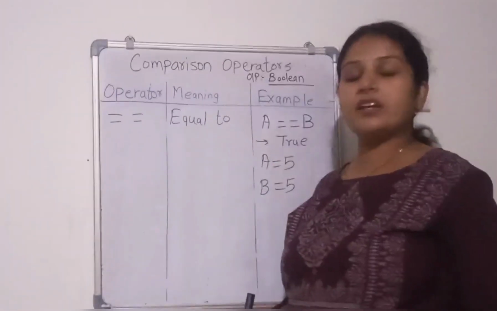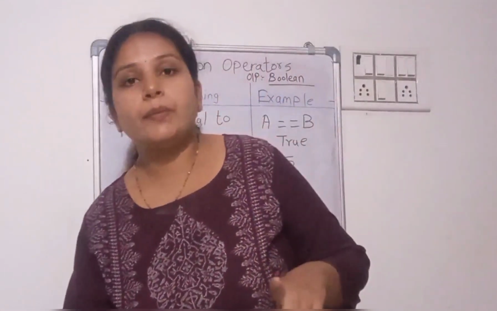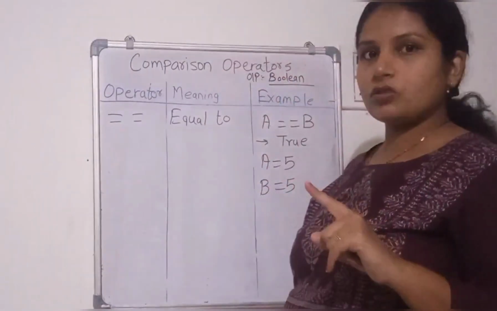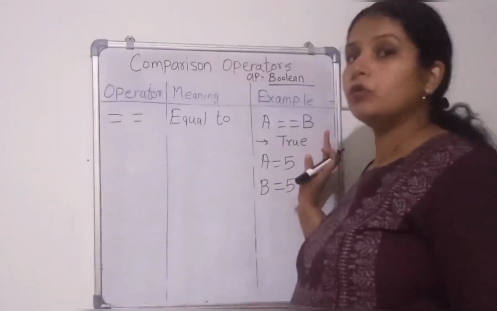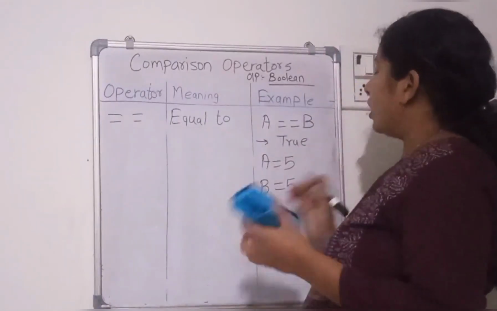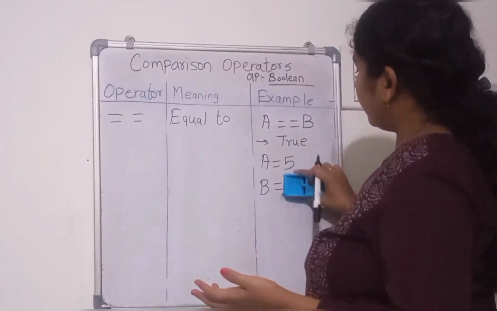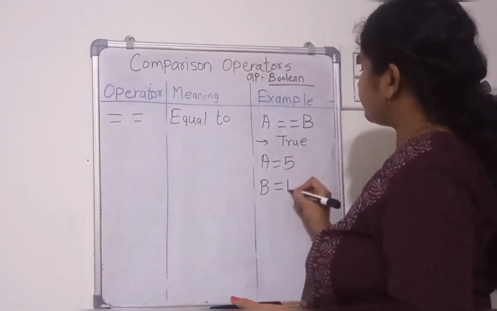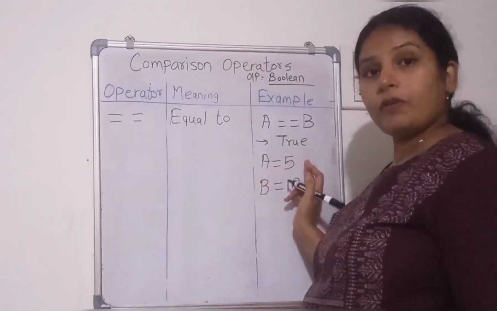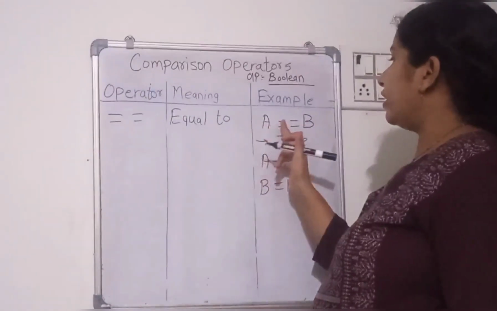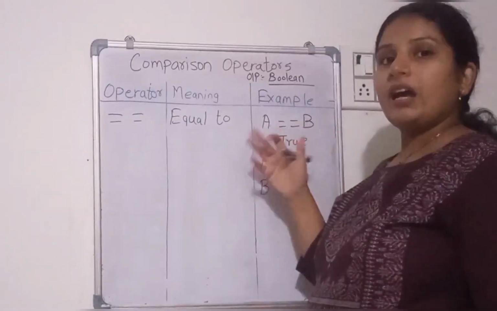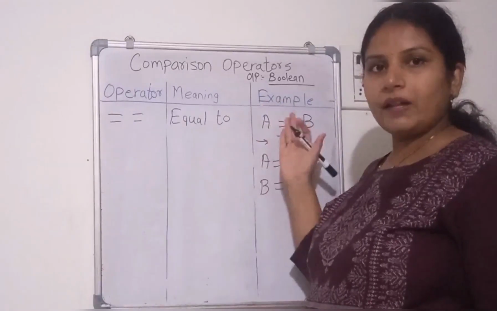This is one difference between arithmetic operators and comparison operators: you are getting the output in terms of Boolean values. So suppose our B value is 10. A equal to 5, B equal to 10. When we are checking this A equal to B, are those values equal?